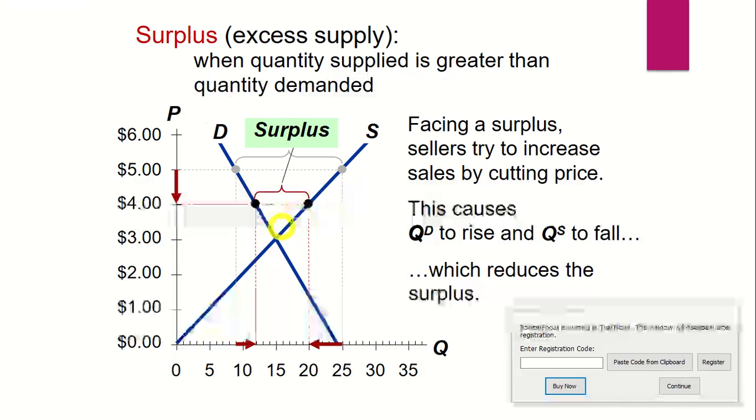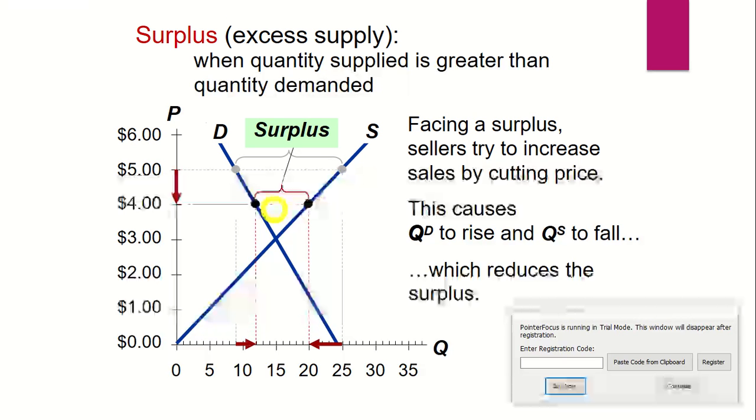However, we still have a surplus here at the $4 price, because it's supposed to be $3 at the quantity of 15 units.